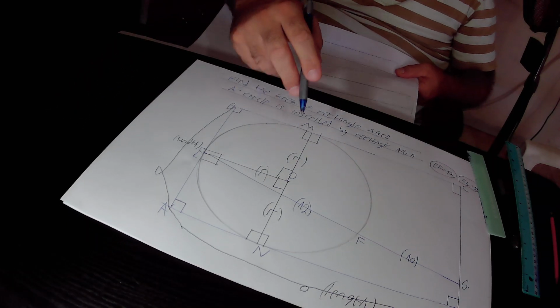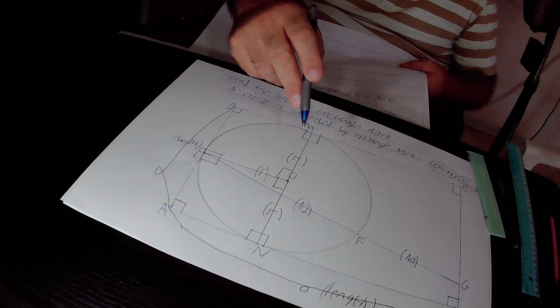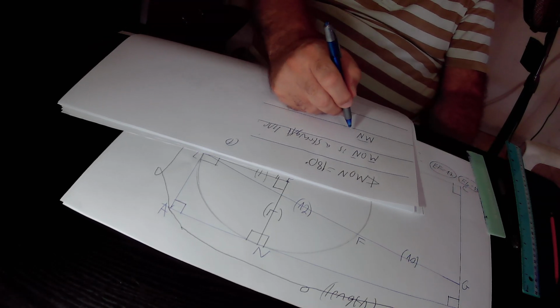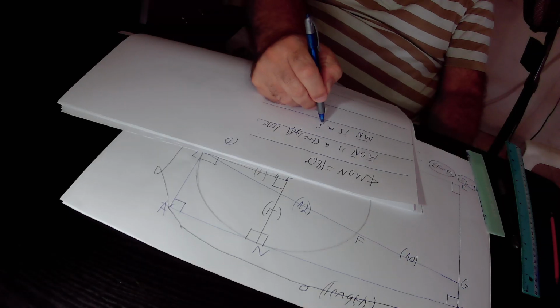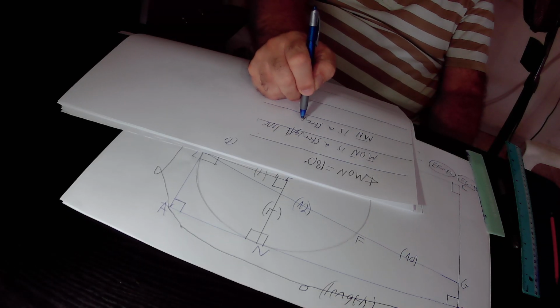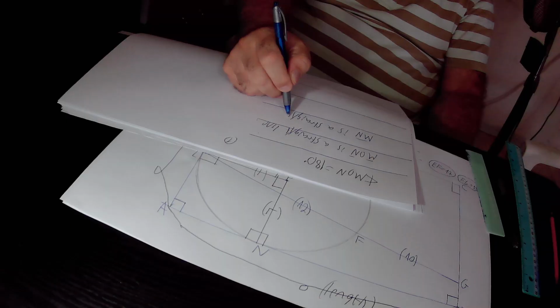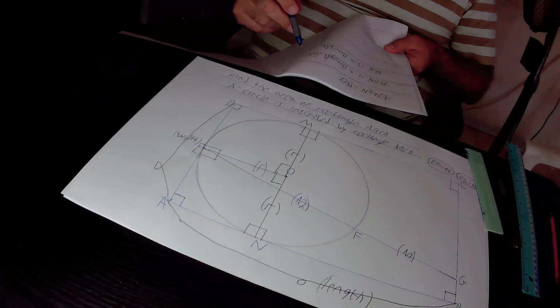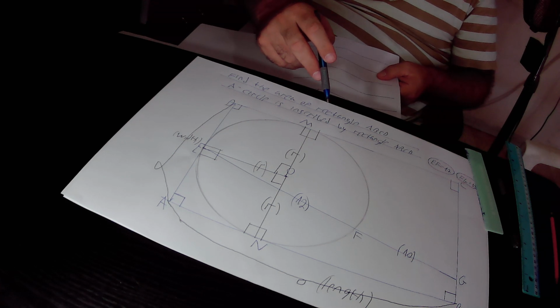If line MON is a straight line, then MN is also a straight line. So actually, MN is a straight line that touches the circle at 2 points, point M and point N.